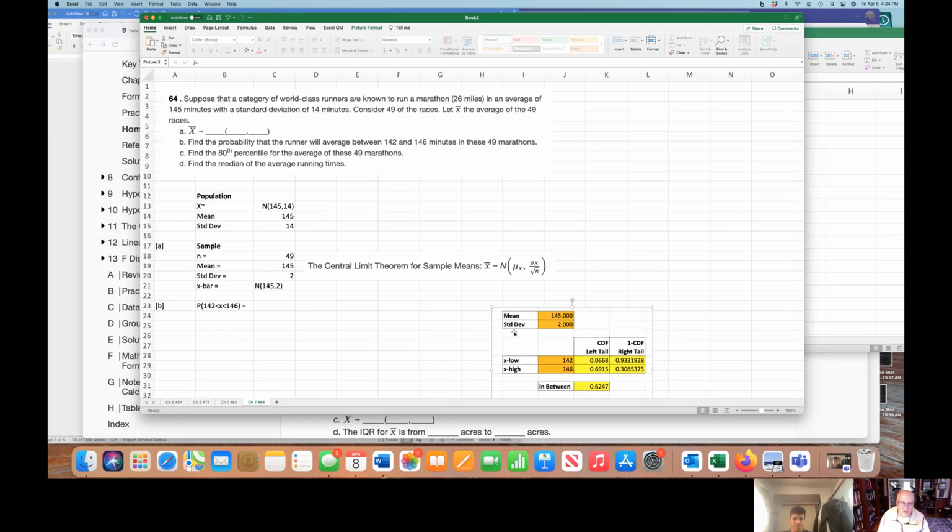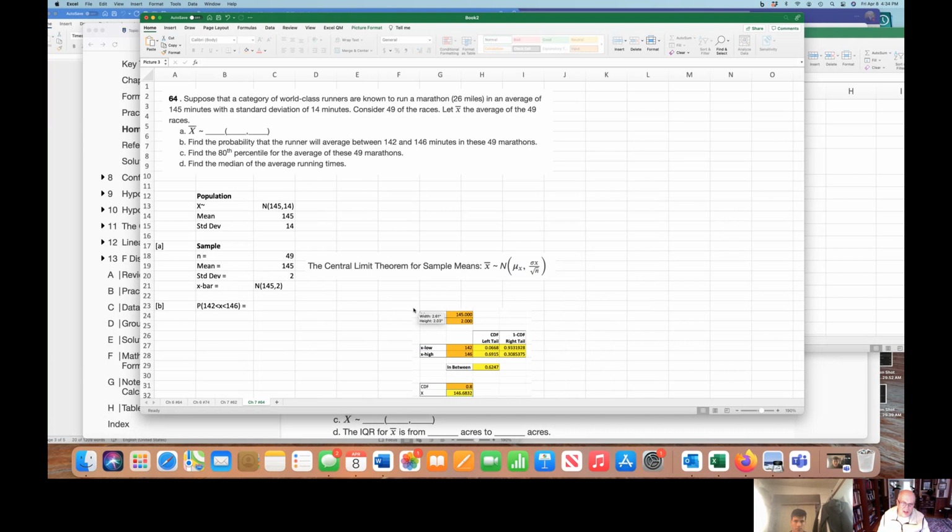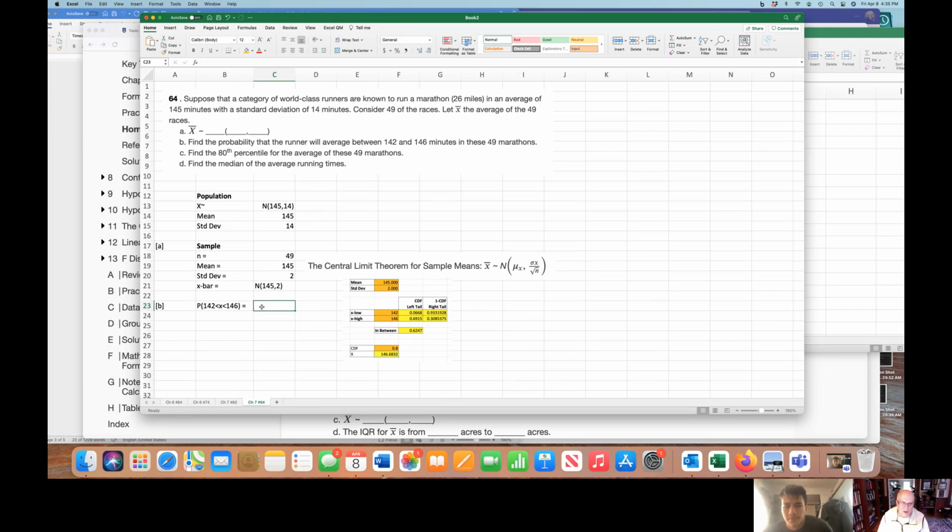I just need to show it, so if you turn it in to me like this, I say, oh, they used my calculator, and they had the right numbers on the chart, and they picked the right numbers off the chart to put here. So what would you put there? The number under the 80th percentile. We're still doing B, probability of X being between 142 and 146. So then you just put the in-between column.